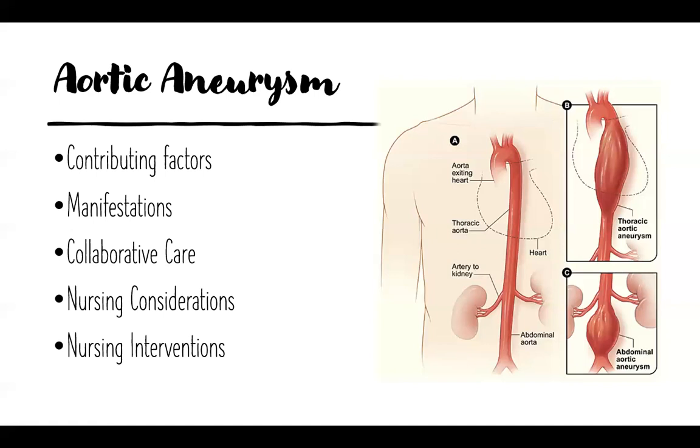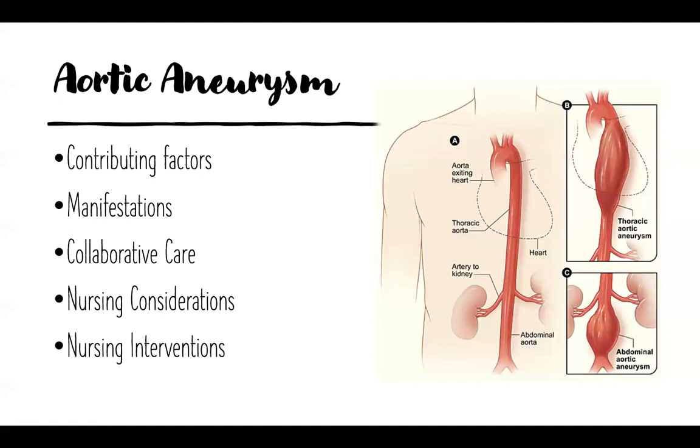Now with this abdominal aortic aneurysm, because the aorta does go all the way down through our body, they can have the abdominal aneurysm, which is manifested with abdominal pain, persistent or intermittent low back or flank pain, pulsating abdominal mass.